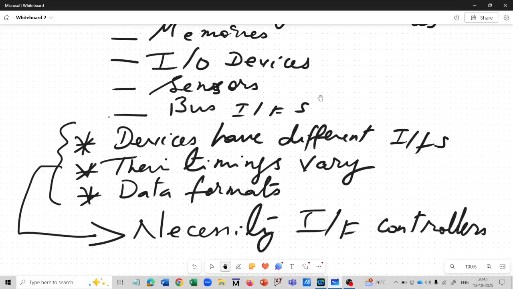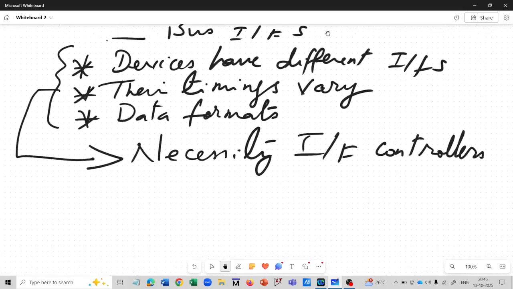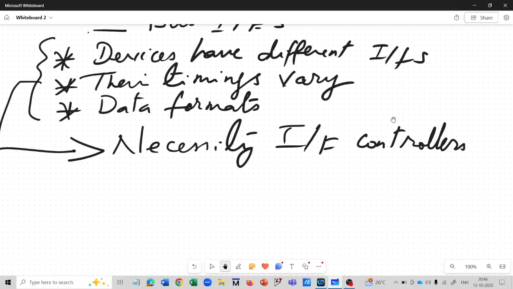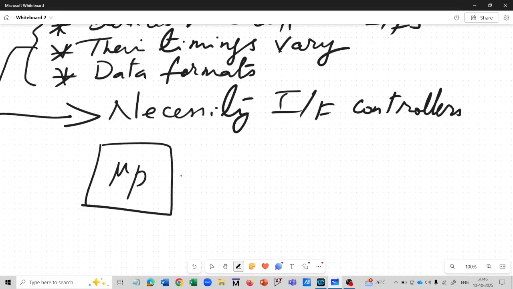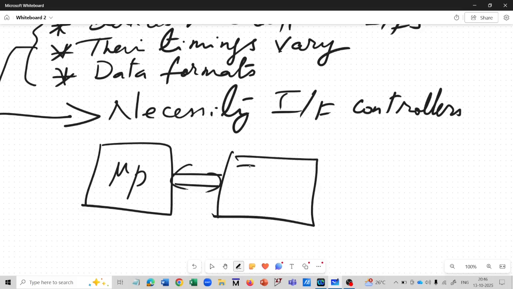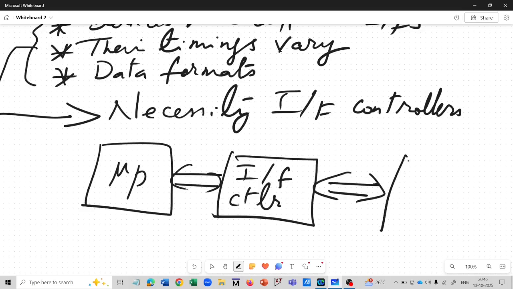So I think by this time you might have a vague idea of what interface controllers are supposed to do. First I'll show you a logical diagram of how the processor, the interface controller, and the device are connected. Of course, this is not a physical connection, just a logical representation. You can see that the interface controller acts as a bridge, and on the other side you have the device.